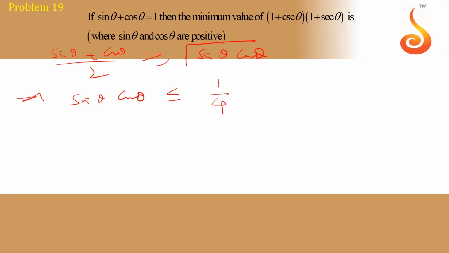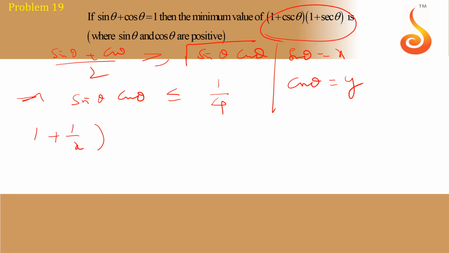Okay. Now let us assume sin theta is some x, cos theta is some y. So we got xy less than or equal to 1 by 4. Now our question is this. Can I write my question as (1 plus 1 by x) into (1 plus 1 by y) greater than or equal to some p, because I want the minimum value, no?